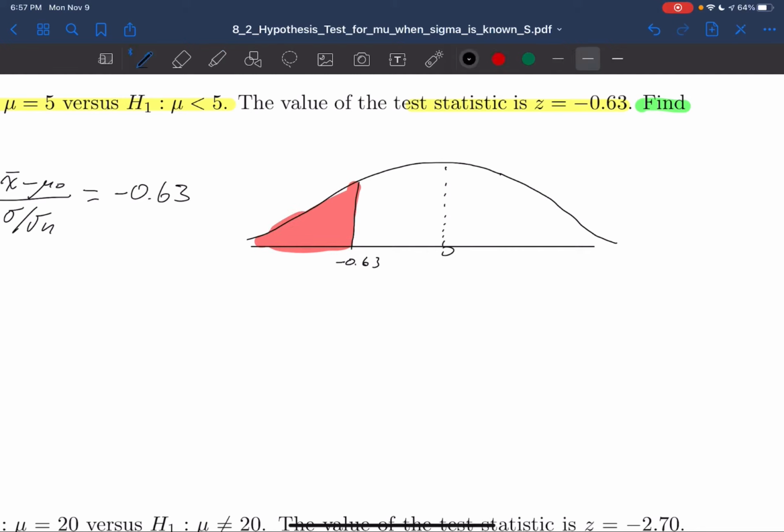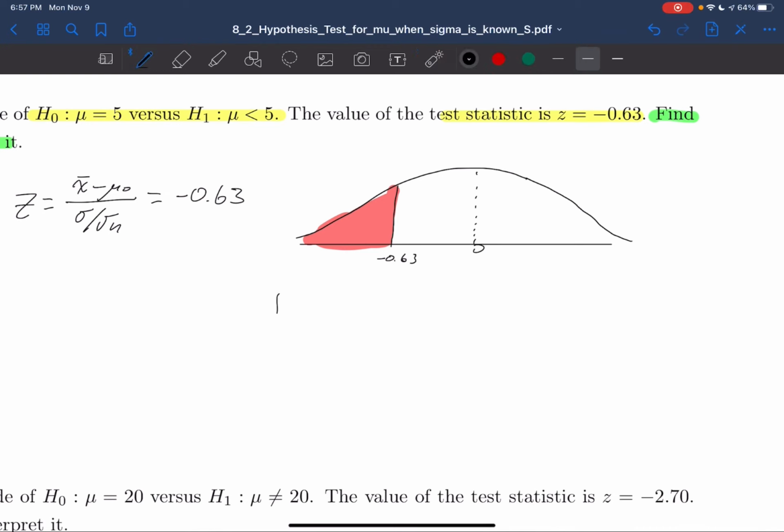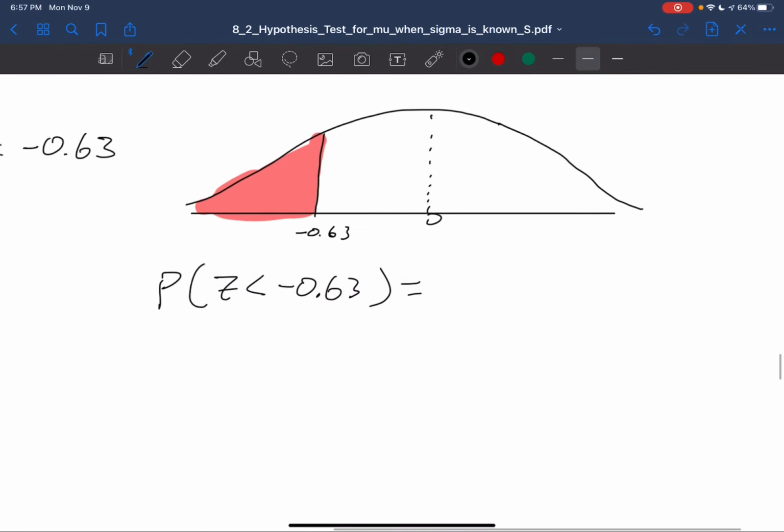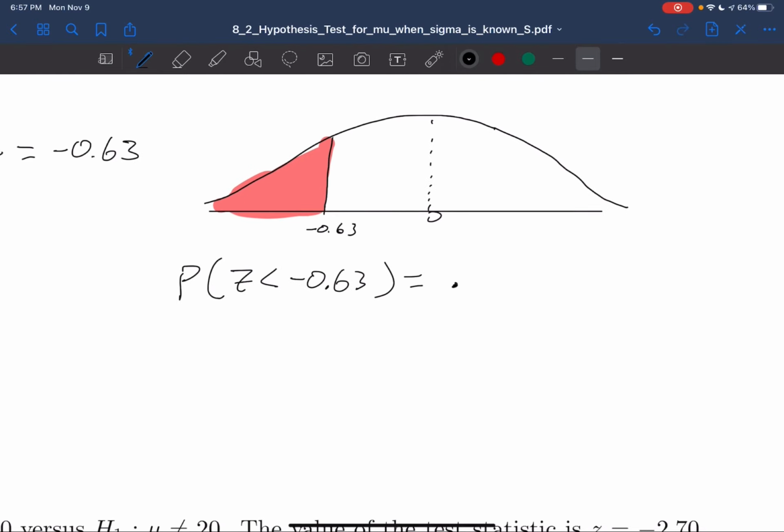We want to find this area here. In other words, we want to find P of z is less than negative 0.63, and we could use the chart to compute this. So this is going to be equal to 0.2643. And again, we've already done a lot of practice of computing areas underneath the curve.